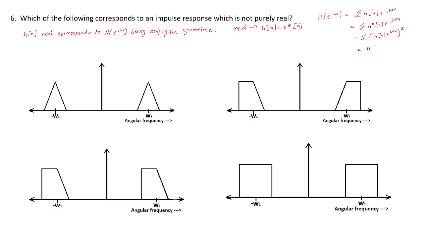So this corresponds to H(e^{-jω}). This is the conjugate symmetric property.